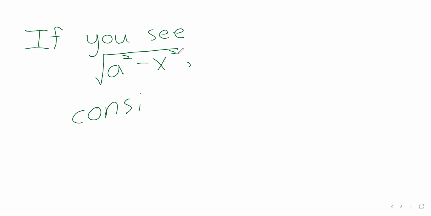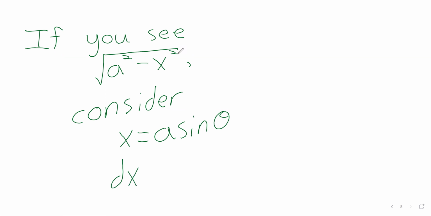If you see the square root of some positive number minus x squared, consider the substitution x equals a times the sine of theta, dx equals a times the cosine theta d theta.